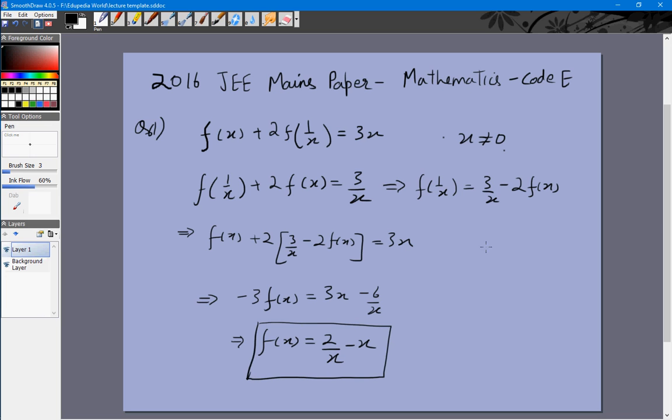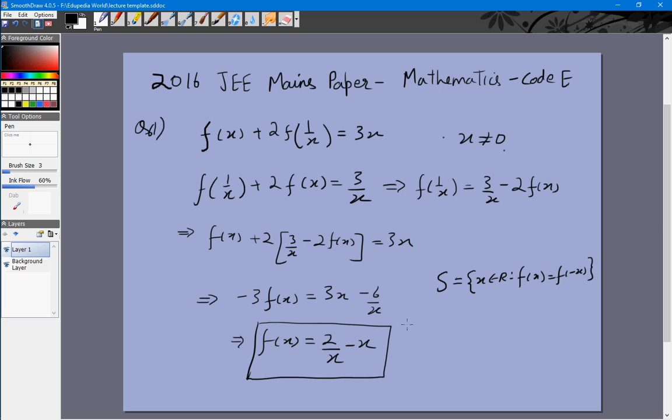Now we are given S, which is a set of numbers belonging to the set of all real numbers, such that f of x is equal to f of minus x, and we want to know how many elements there are in this set. So we can just solve for this equation.